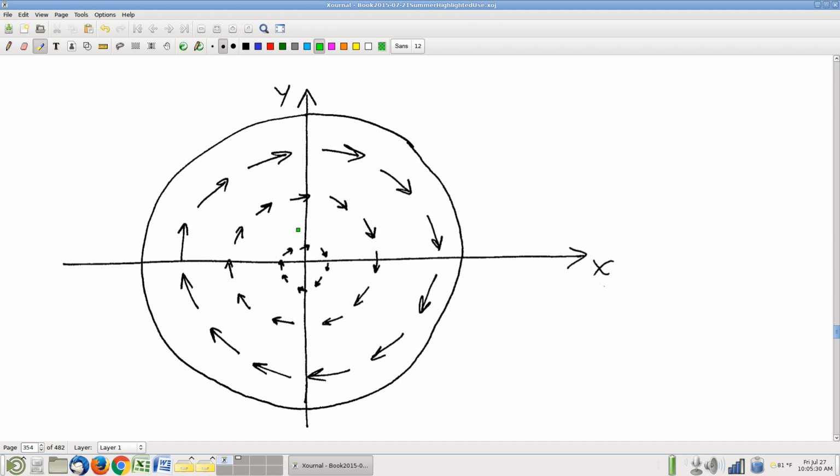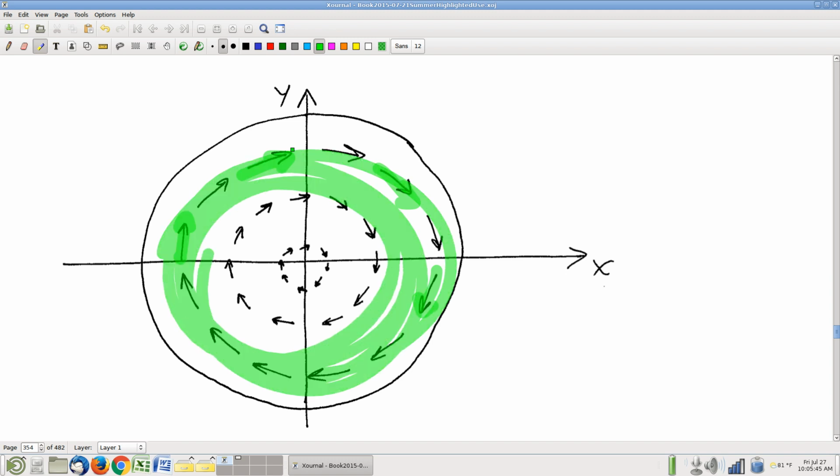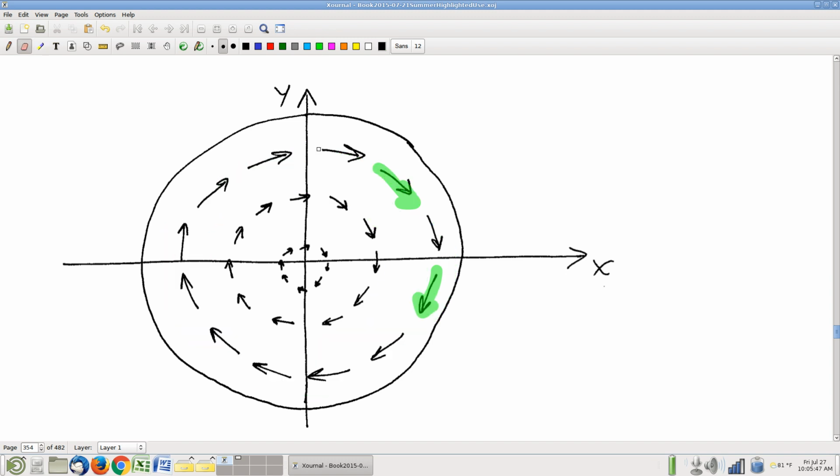It'd be kind of weird to think about this representing forces. If this is representing forces, no matter where you are, the forces are telling you to go around. That would conjure a situation where we just get going faster and faster and faster. Not that that can't happen, but anyway, it'd be a weird kind of force, but an easy kind of flow.